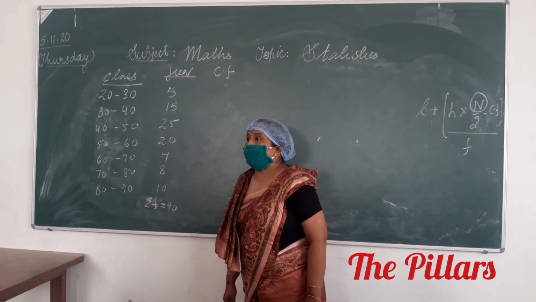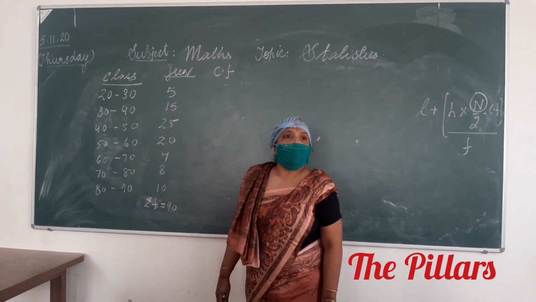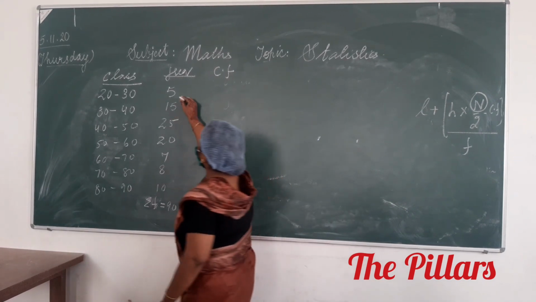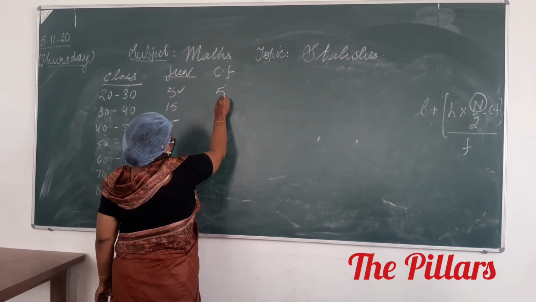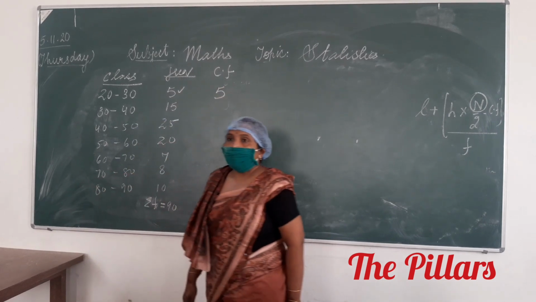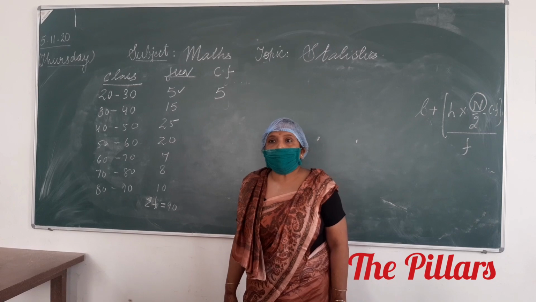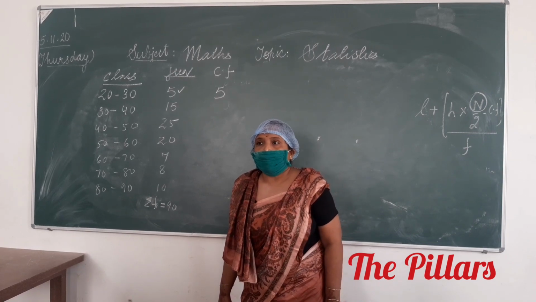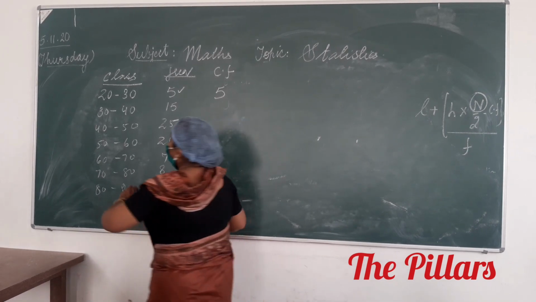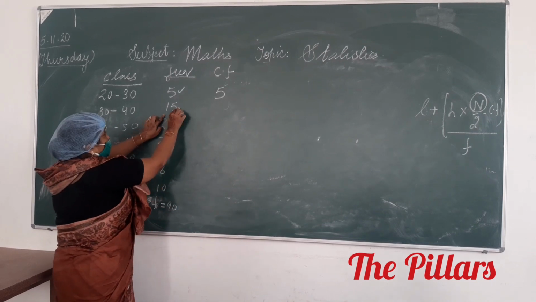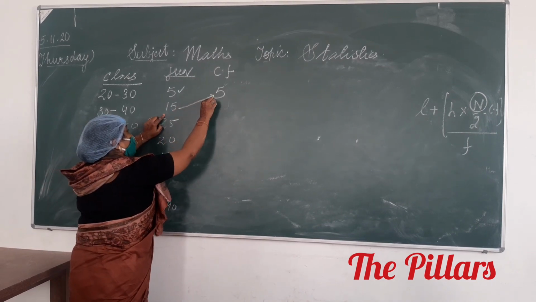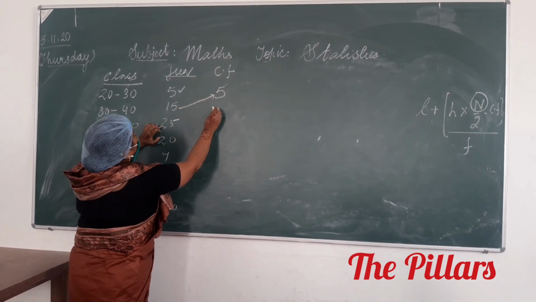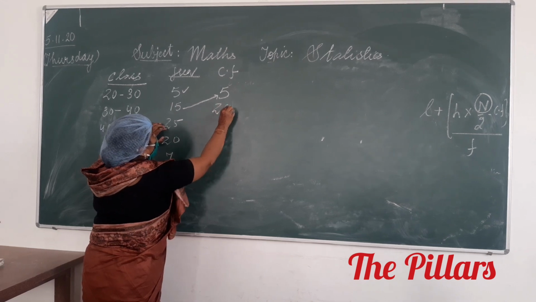Those who don't know, look onto the board here. First one will be copied as it is. Now, how will you write the second one? See, 15 plus 5. How much will you get? 20. Second entry.